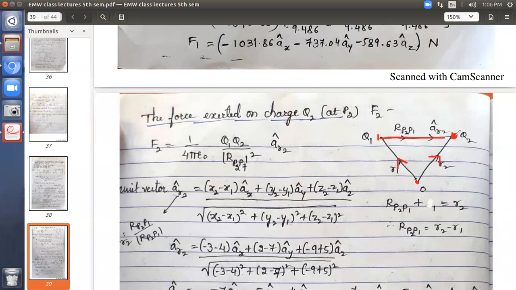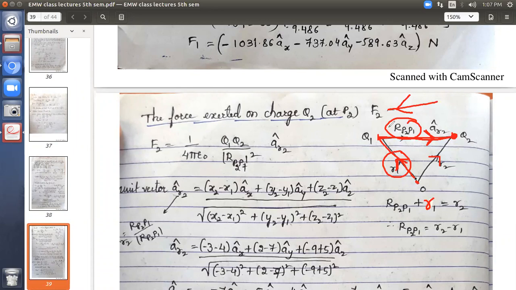Because of that, the direction should be taken in this way. Earlier it was opposite. Earlier we had taken like this. Now it is in the opposite direction. So make the triangle addition. If you just check, these two vectors have continuity in direction. So what you do, sorry, I missed it here. It should be R1.